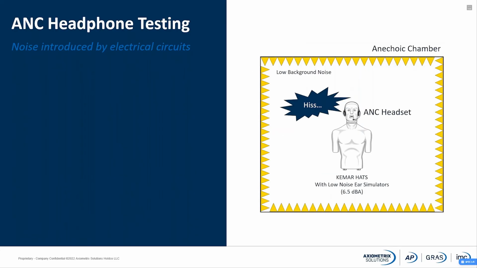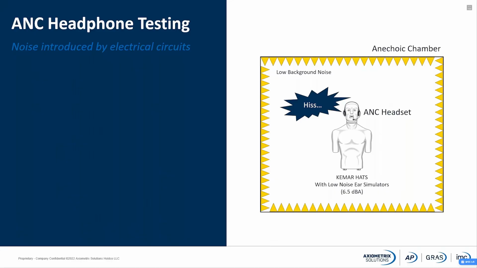And for the last part of this webinar, before we get into the video demonstration, I'm going to talk about the noise introduced by electrical circuits. More of the headphones and headsets today are including circuits such as ANC or Bluetooth, and these electronic circuits are creating a very low level of hiss noise.